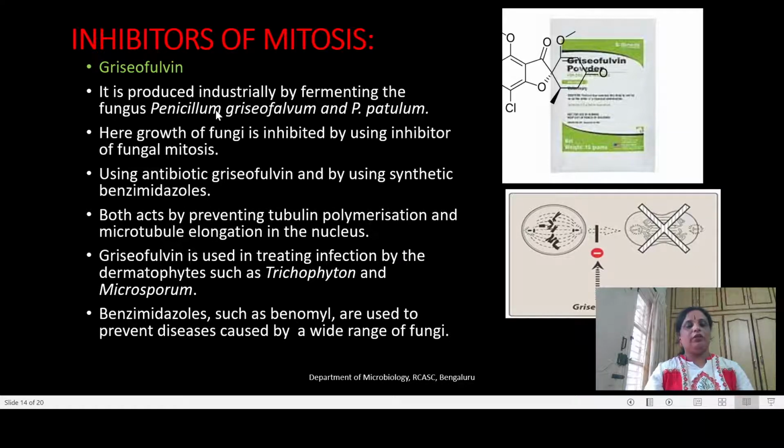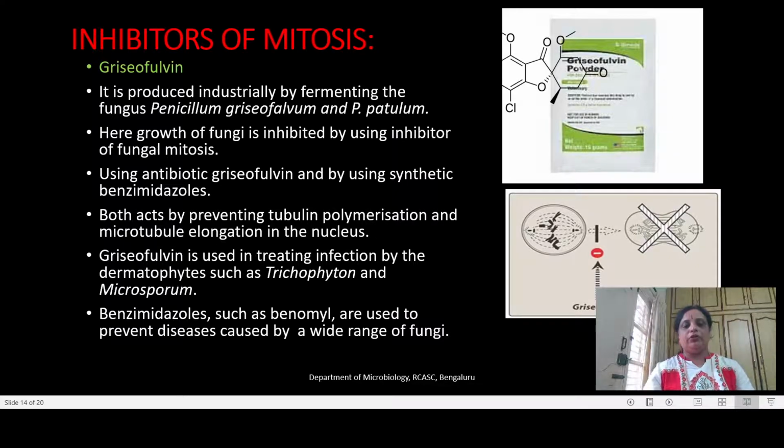The mode of action of this griseofulvin is that it inhibits cell division. How actually does it inhibit fungal cell division? It acts by preventing tubulin polymerization and microtubule elongation in the nucleus. So during the process of nuclear division, what should happen?